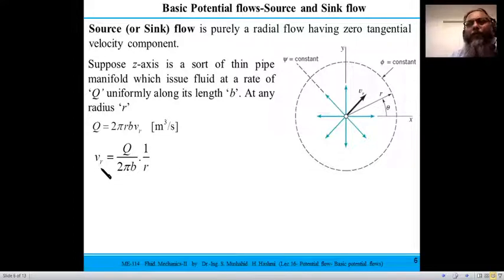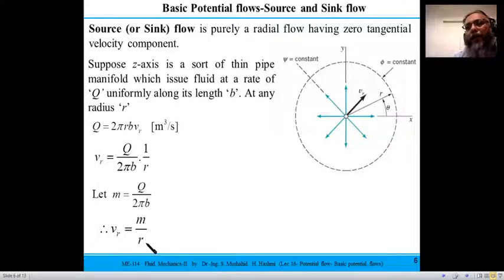So the radial component of the velocity is a function of r, because q is constant, b is fixed, and 2 pi is fixed. We make q over 2 pi some constant m, so our expression for the velocity component in the radial direction is m over r.